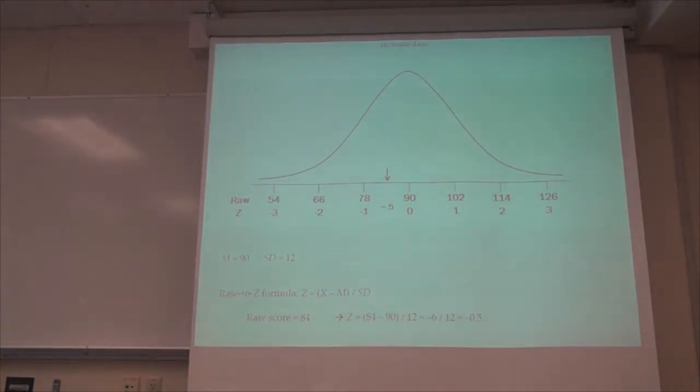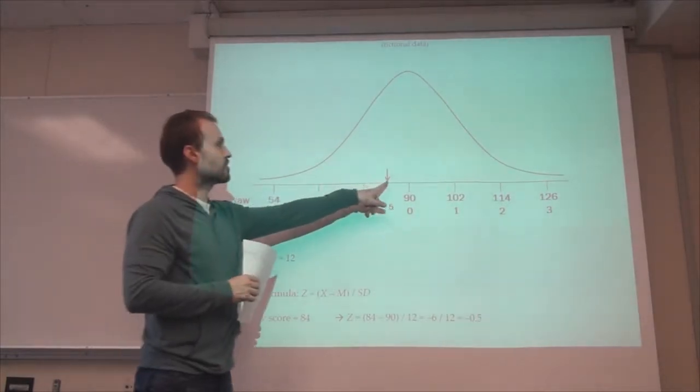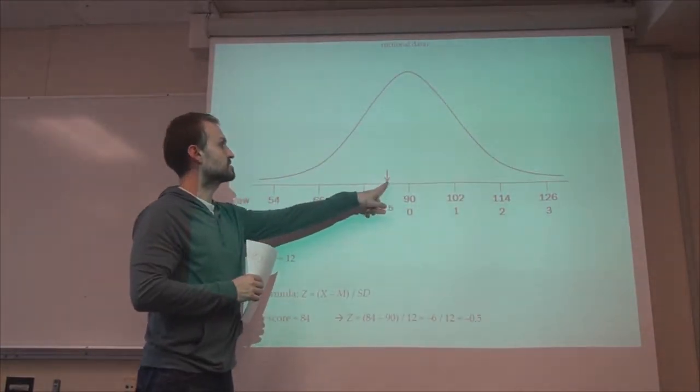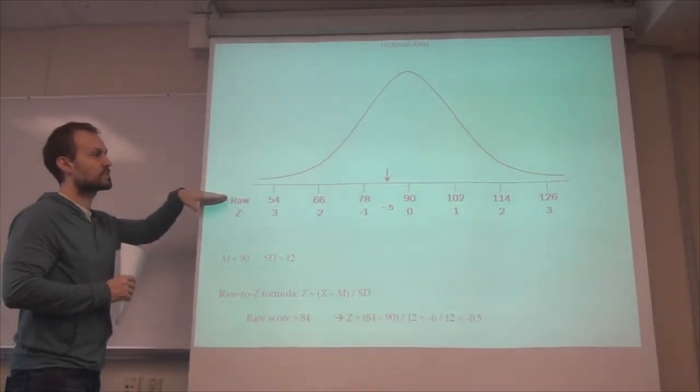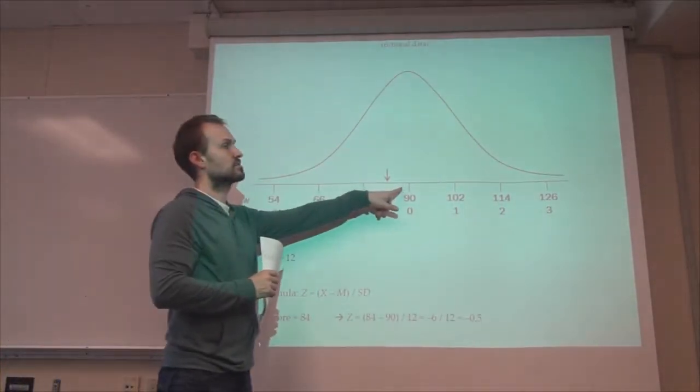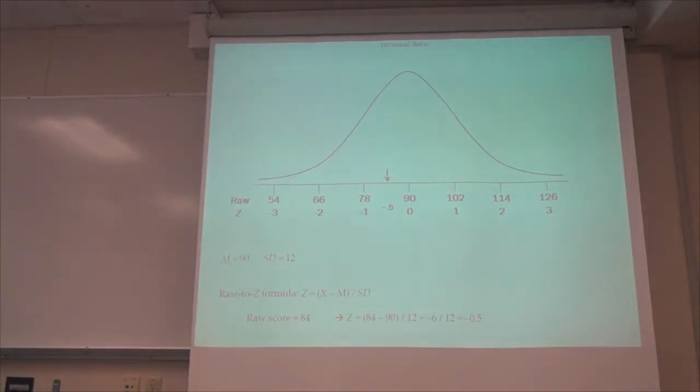Question. Why do you divide negative 6 by the standard deviation? So if this is my 84, the distance in terms of the actual score numbers is 6. What the z-score wants to measure is how many standard deviation steps I moved.